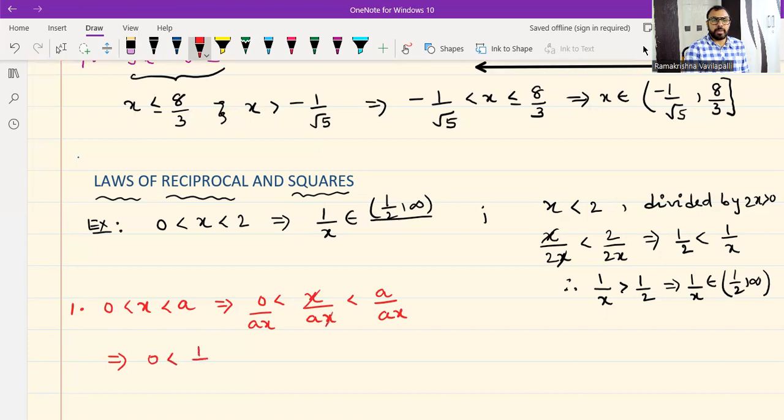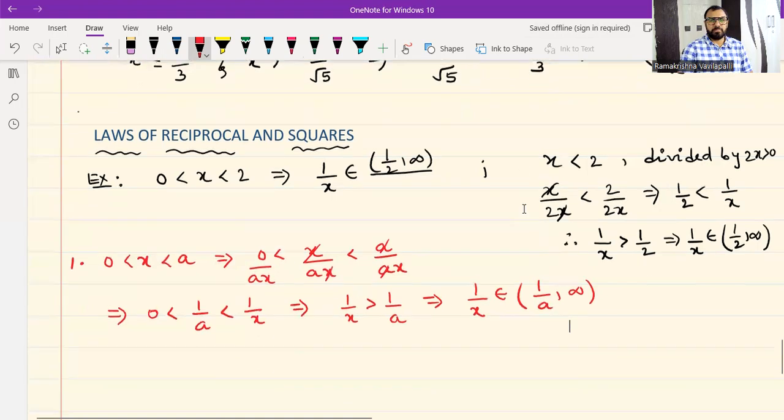So you will get 1 by a, less than, a is cancelled, 1 by x. So 1 by x is greater than 1 by a. Simply you can say that 1 by x is greater than 1 by a, which means that the reciprocal of this interval is 1 by x belongs to 1 by a to infinity.